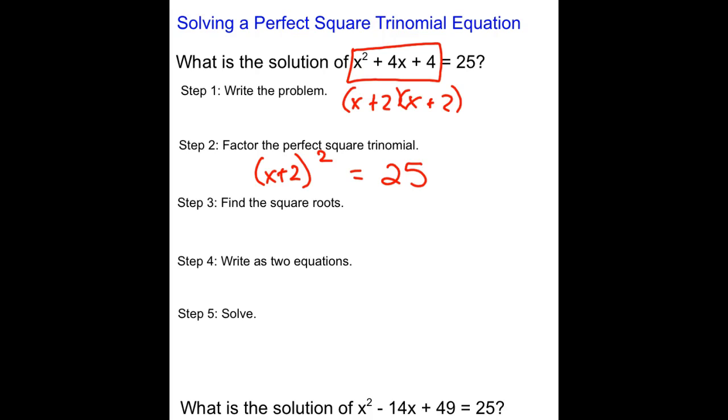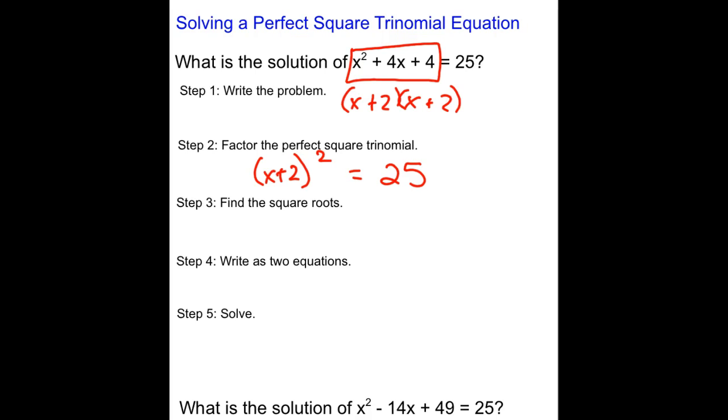Our next step, we want to square root both sides. So we have x plus 2 quantity squared. We are now square rooting it. It cancels the square part. On the right-hand side, the root of 25 is 5. So we get plus minus 5. So we actually have two equations.